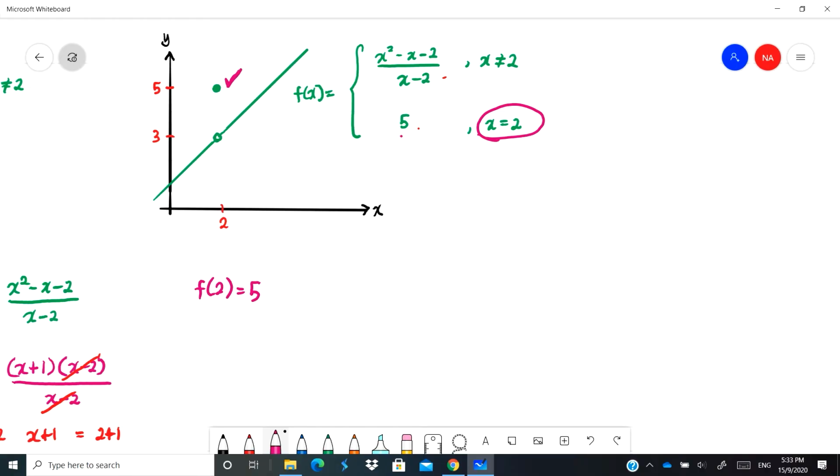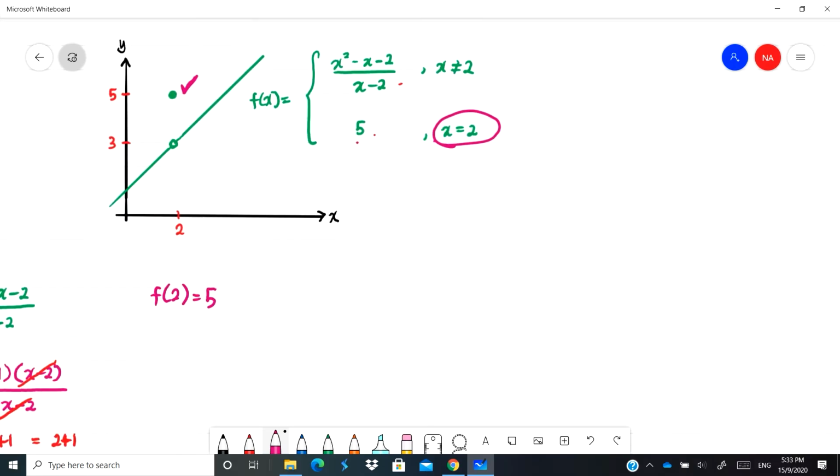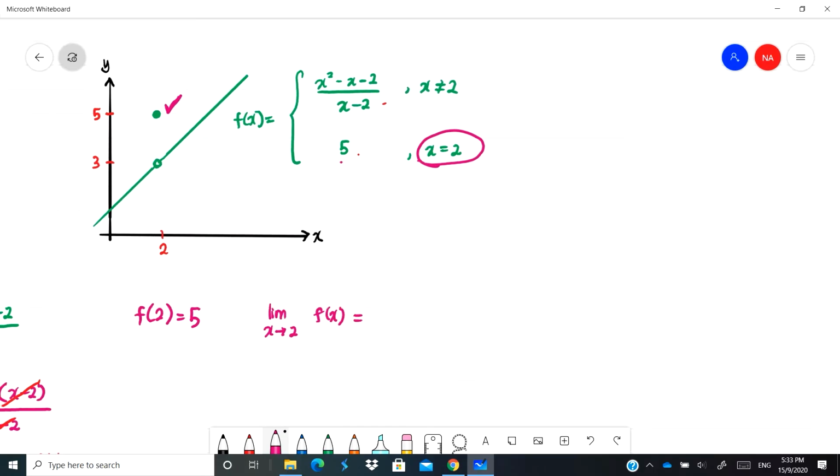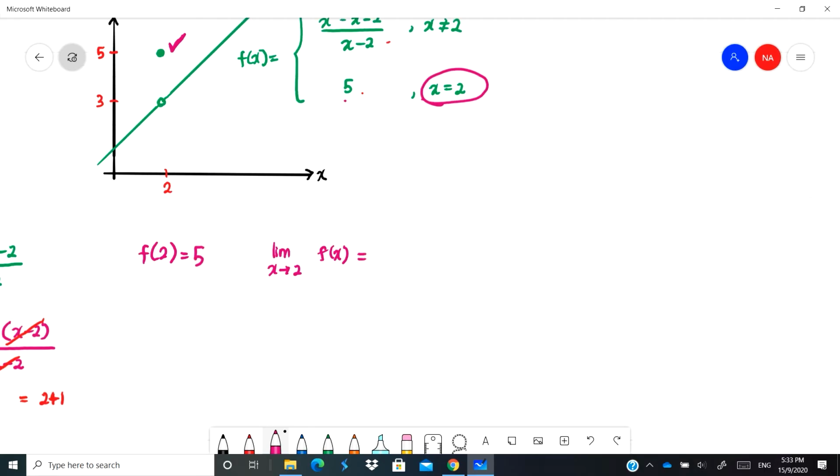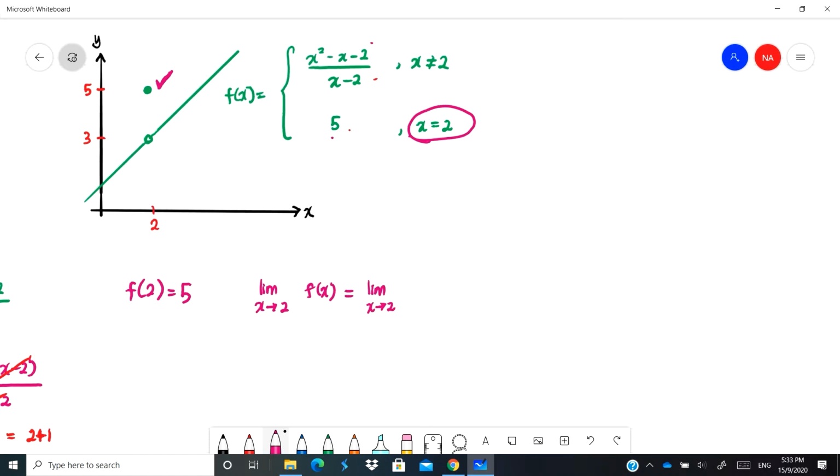But if you want to find the limit as x approaches 2 of f(x), the function is actually this function: the limit as x approaches 2 of x squared minus x minus 2 over x minus 2, because this is the main function here.